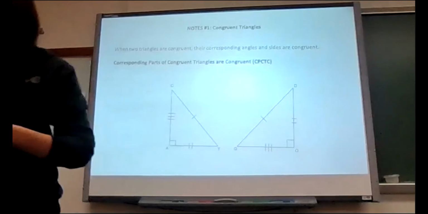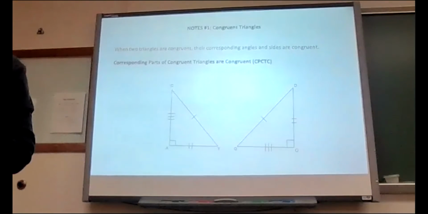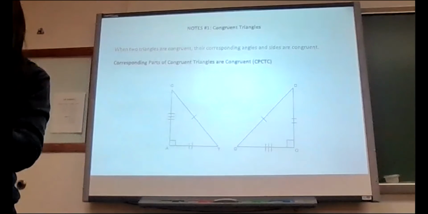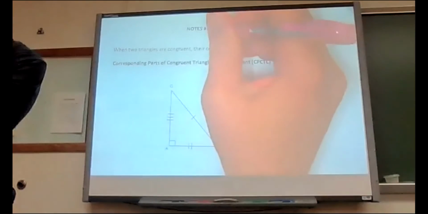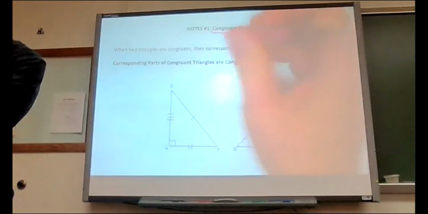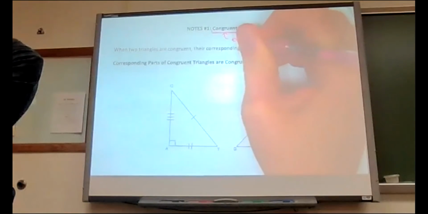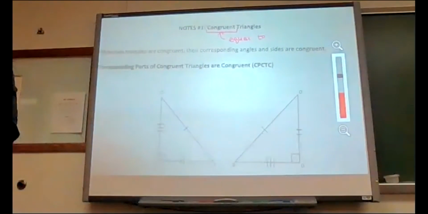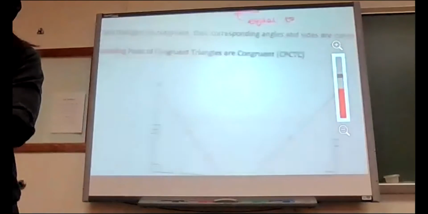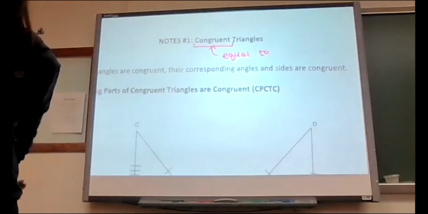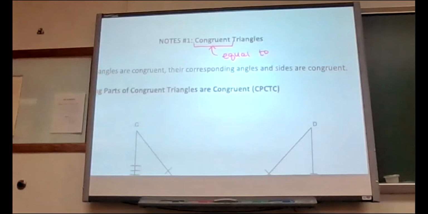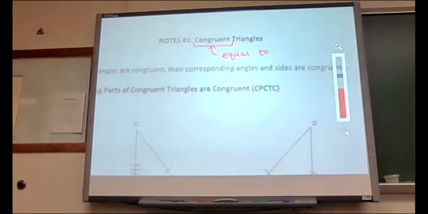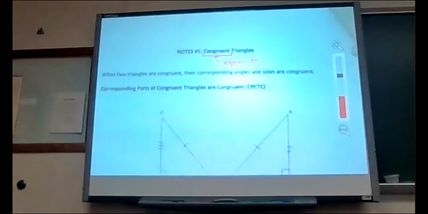Okay, so we have some ways that we can prove that triangles are congruent, but just like before, that word congruent means equal to. If something is congruent, it is equal to the other thing. So congruent triangles means one triangle that's equal to the other. First we will prove that certain triangles are congruent within a diagram.